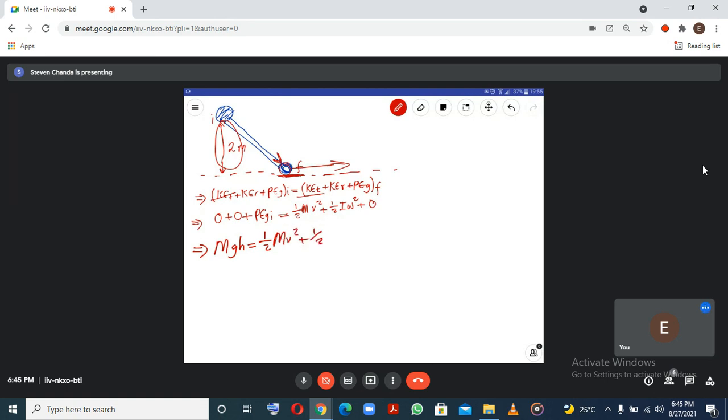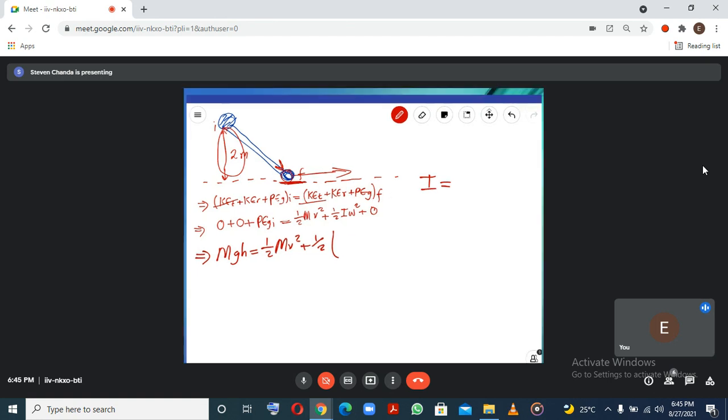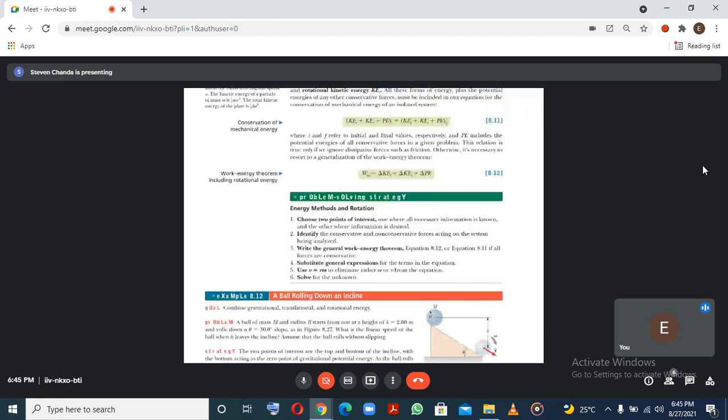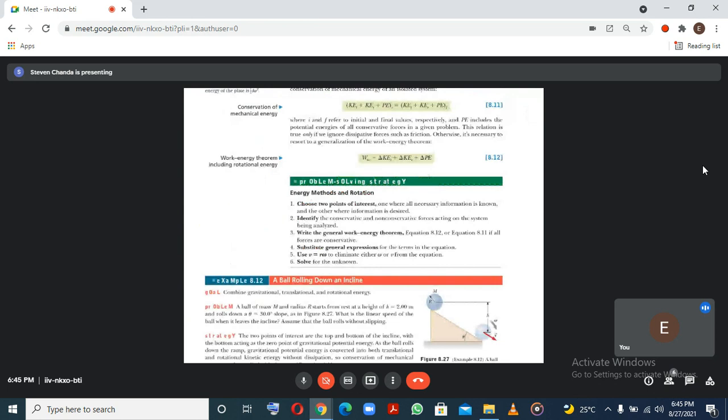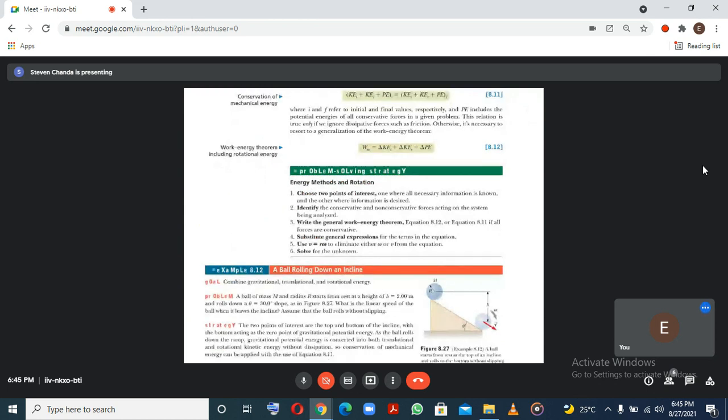Now, what is the I? What's the moment of inertia for this ball? From how this ball looks, you can tell that that's a sphere. That's spherical. Usually they will describe it in a way that will help, and in some questions they will actually give you the moment of inertia.